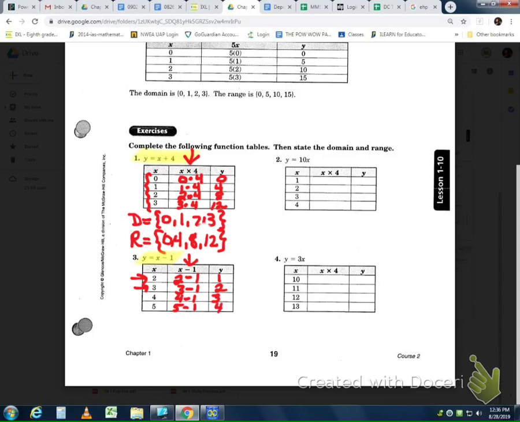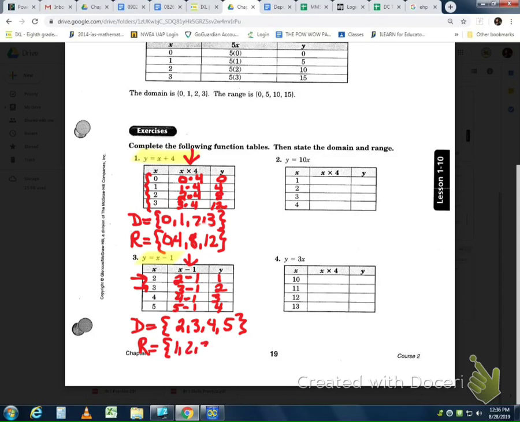Now, Kyler, we got to name the domain first. So what would we consider our domain? 2, 3, 4, 5. That's what they had in the input column. Okay, the range, Kyler, what do you think that is? 1, 2, 3, 4.